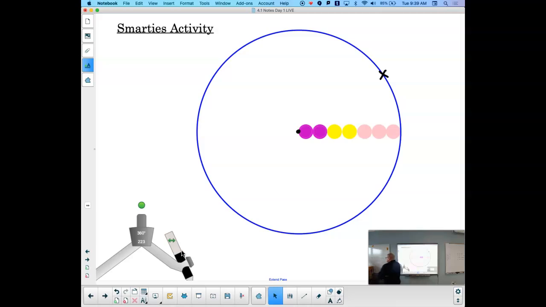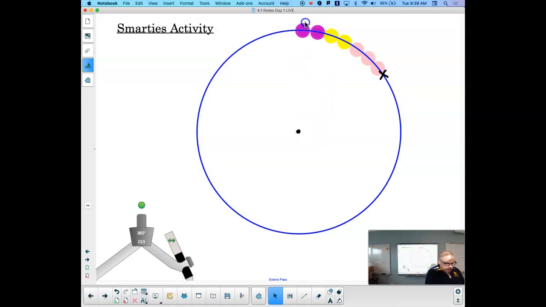What I would like you to do now is take your radius, so that is whatever your circular objects are, and it doesn't matter which way you go around your circle, but line them up on your circle going all the way around. Now you're not going to be able to do it all at one time.